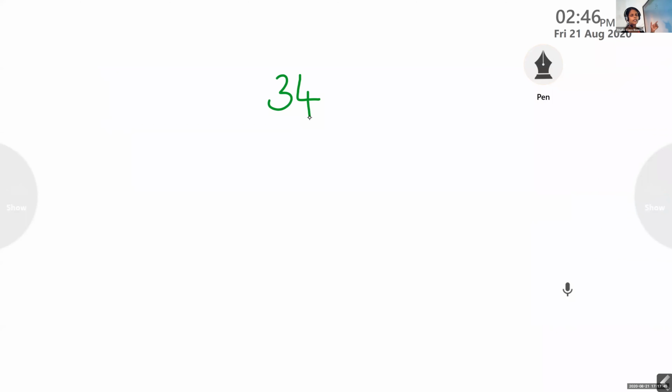This 34 having two digits. 34 is a two-digit number and having two digits. Which are the two digits? 3 and 4. The digits are 3 and 4.